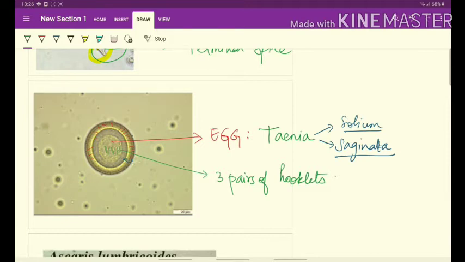So this is the egg of Taenia, which has a thick inner membrane with the presence of brown and thick striations. The embryo has 3 pairs of hooklets. These are the hooklets.